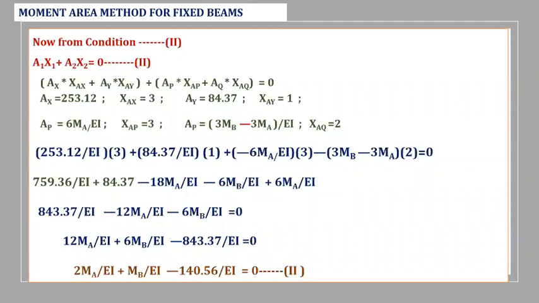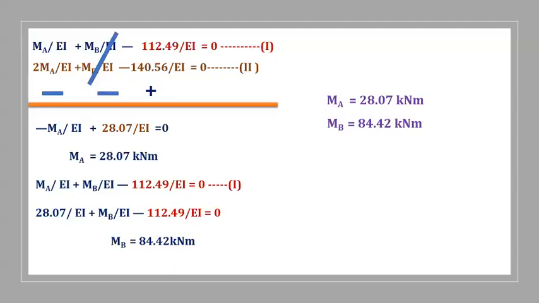While going to the Maclaurin method, that is too laborious a method compared to other methods, but this one is the easy method. Even though it is lengthy, it is an easy step-by-step procedure. So now I will give my values. This is from equation 1 and equation 2. I got MA 28.07.